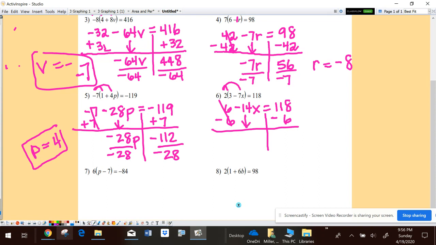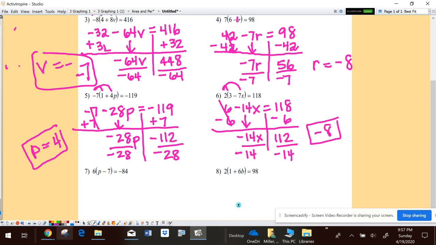We're going to bring down our negative 14x. In my calculator, I'll put 118 minus 6. That gives me 112. And then I need to divide both sides. Remember, we need to divorce the negative 14 and the x. And that gives us 112 divided by negative 14 is negative 8.